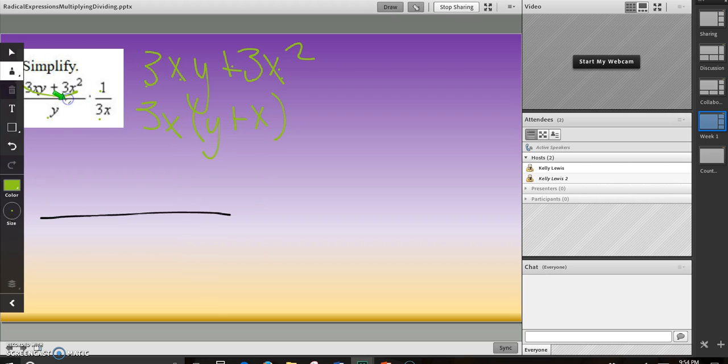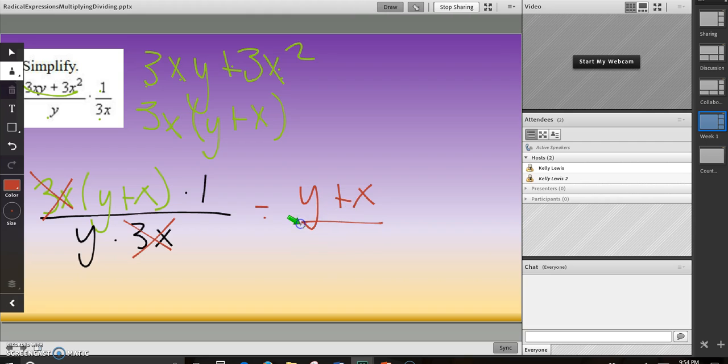So this guy, I'm going to write, because I factored it, and then write everything else times 1, y times 3x. Then I can cancel this 3x and 3x. So what I have left is just y plus x over y.